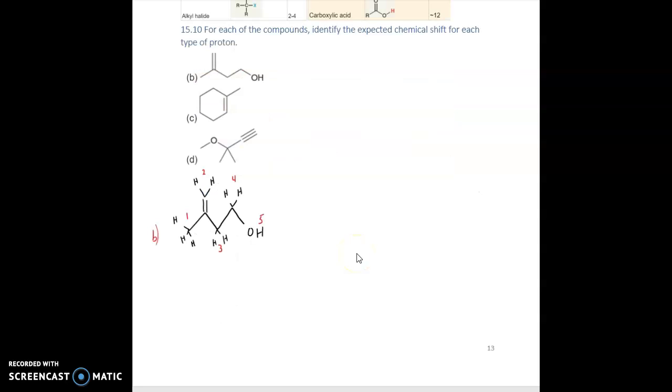So here I've redrawn B so that I could draw in all the hydrogens. We've got 5 unique types of hydrogens. So the hydrogens at the first position are allylic. And that is because this carbon is 1 away from the double bond.